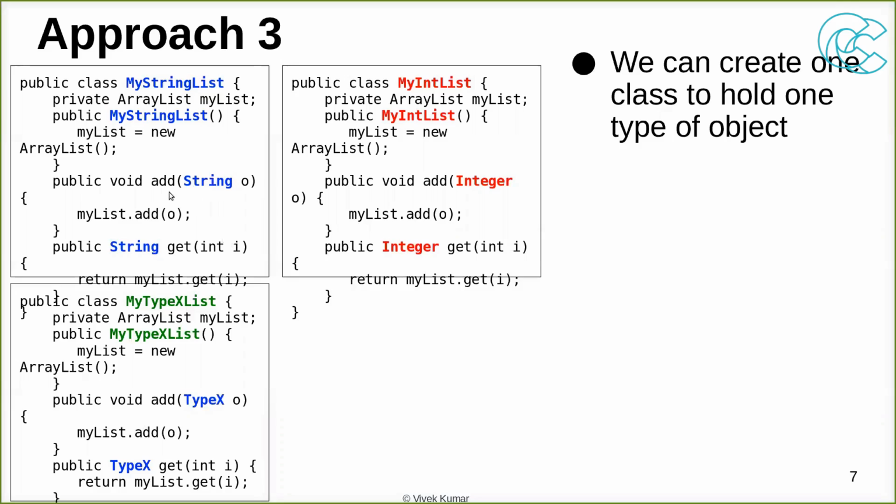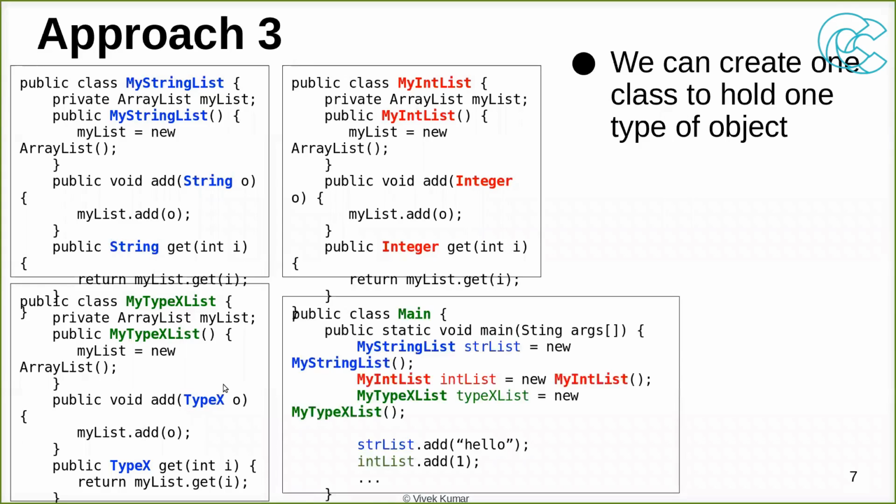All the operations that work on these elements are the same, so you keep repeating these operations in each class, which is not useful, right? And yes, if you do that, you can obviously have multiple lists which are of different types. There's a string list, there's an integer list, and so on.